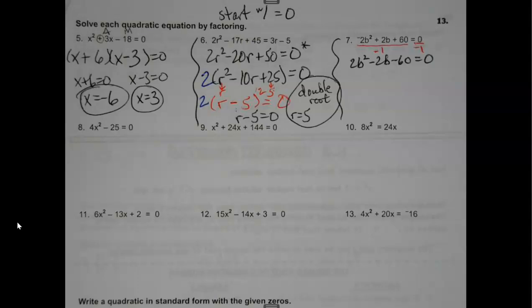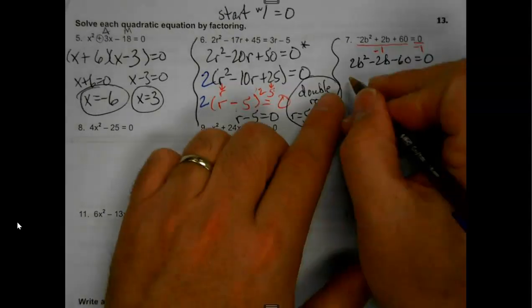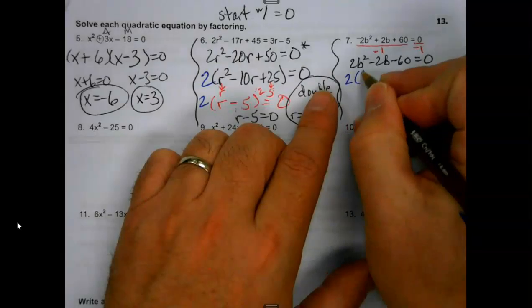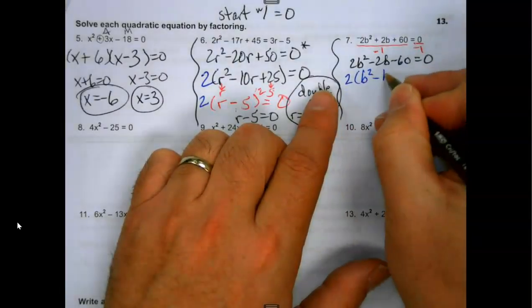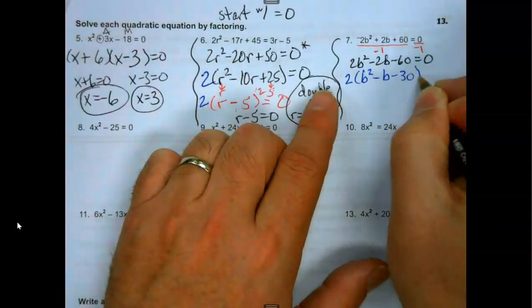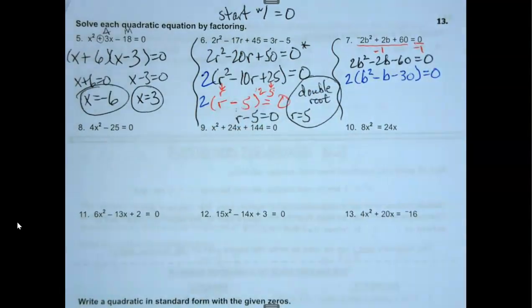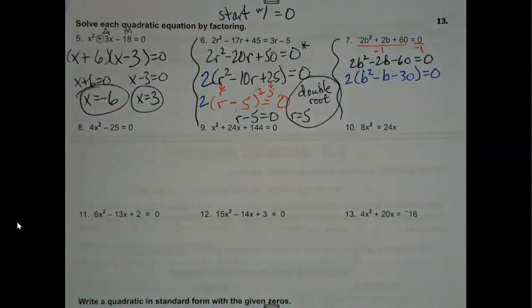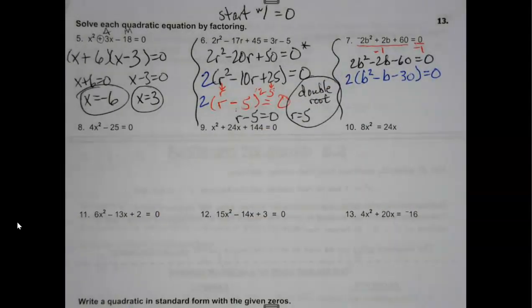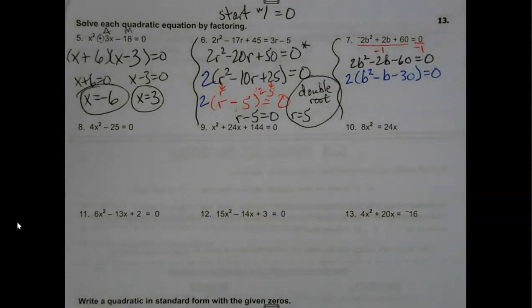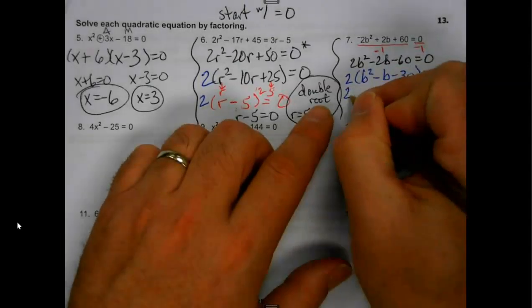But I still got to take my time to do all the other stuff that I normally would do. I still got to find my common factor. And once I get that out, could I get to the right answer if I didn't take it out? Maybe. I won't guarantee it, though.